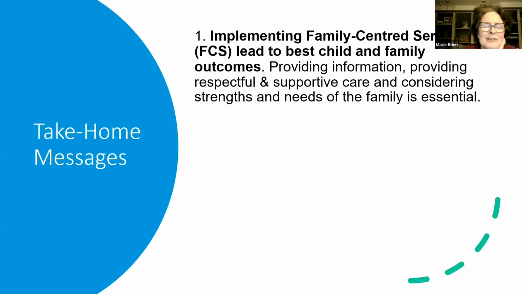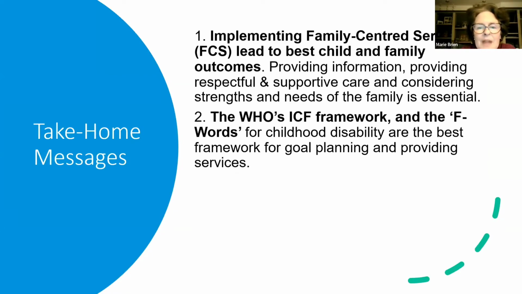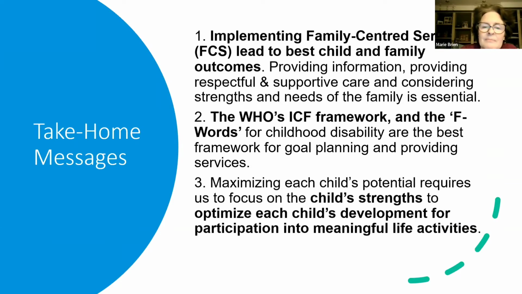So the take-home message for what I've been covering till now is that implementing family-centered services is really what's best for both child and family outcomes. So this is what we wanted to include in the Enabling Inclusion app, that we wanted to also have the ICF framework and also be guided by the F words for goal planning and providing services.